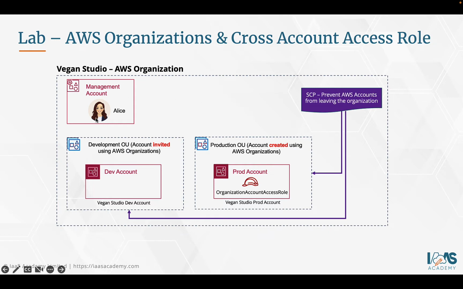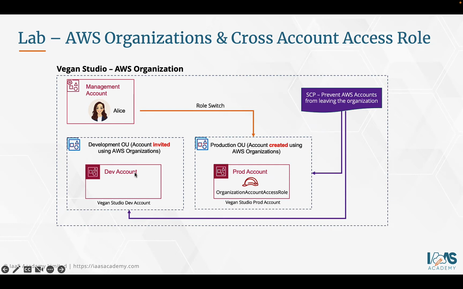So we could have our user called Alice, and as long as Alice has got the ability to assume this role, she will be able to do a role switch and access the production account by simply logging into the management account and doing that role switch operation. In other words, we do not need to create a separate IAM account for Alice in the production account, which makes administration a lot simpler.